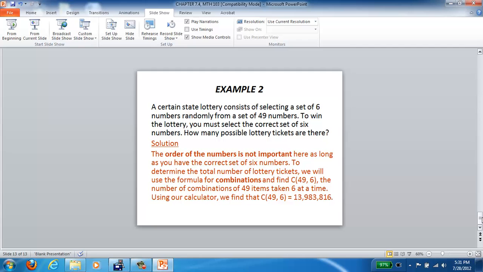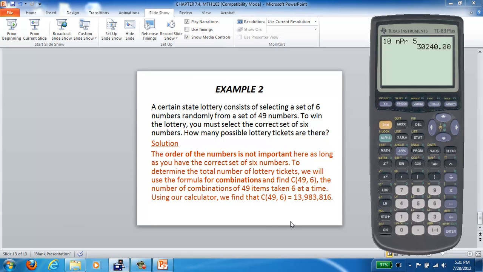One more example. Let's see how many possible lottery tickets we have to buy to win the lottery. We have a set of 6 numbers taken from a set of 49 numbers. Of course, the order is not important as long as you have the winning numbers, so we talk about a combination. So we have 49 numbers, same steps.